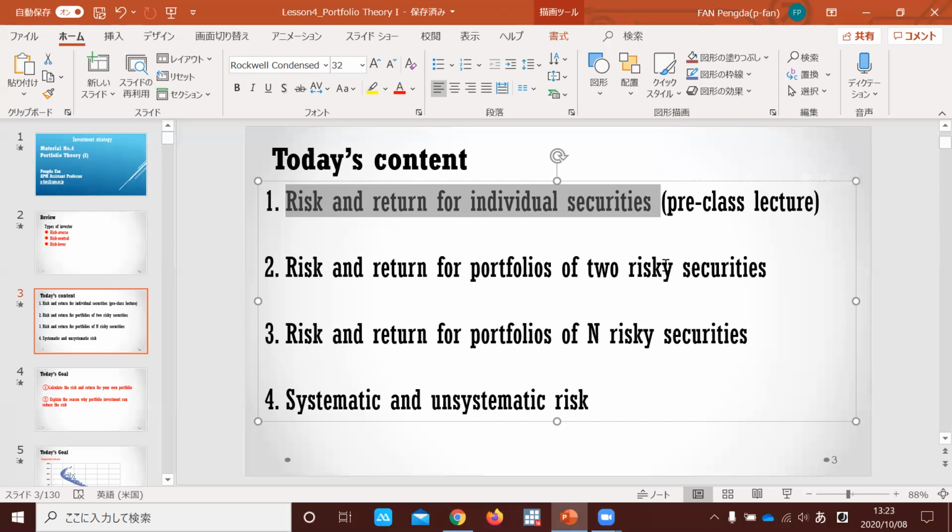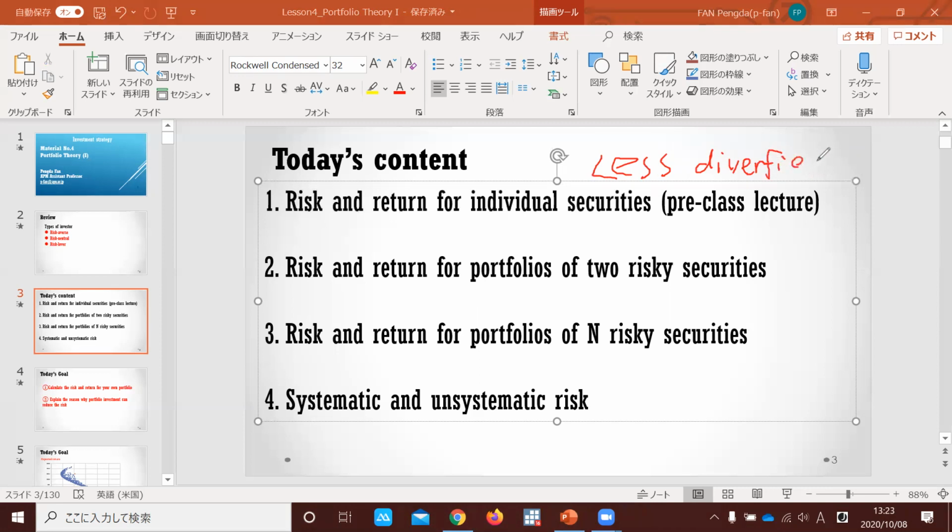Usually we refer to an investor who invests in just one asset as a less diversified investor, because their portfolio focuses on just one stock, so it is less diversified.